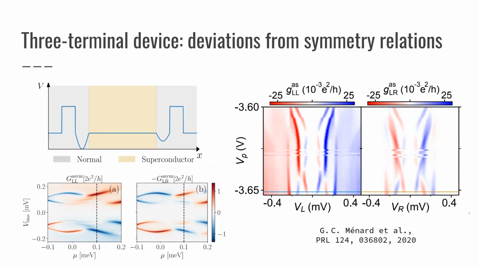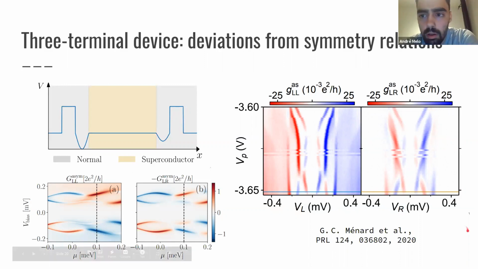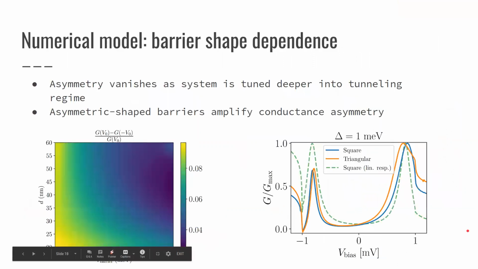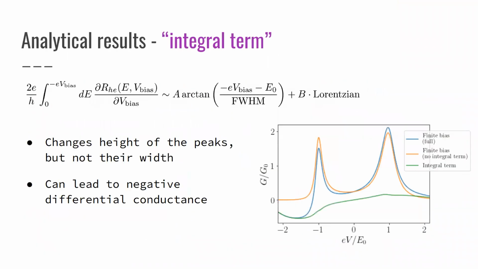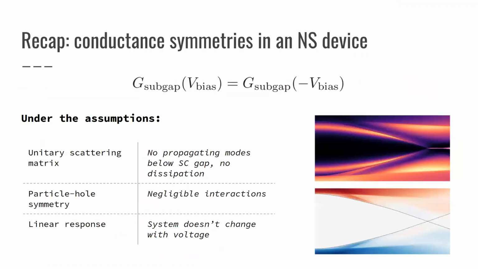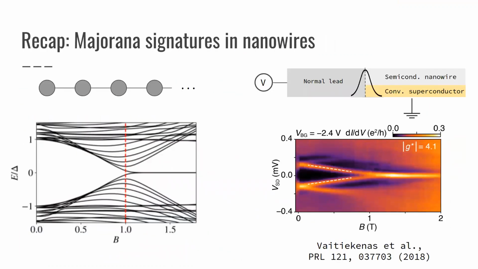Sorry, are you talking about this setup or the two-terminal one? Okay, this setup I understand, but for the two-terminal, because finally everything that goes from the left goes to the right. So yeah, I find it difficult to understand in a more intuitive way. So I'm not saying that there is no current.